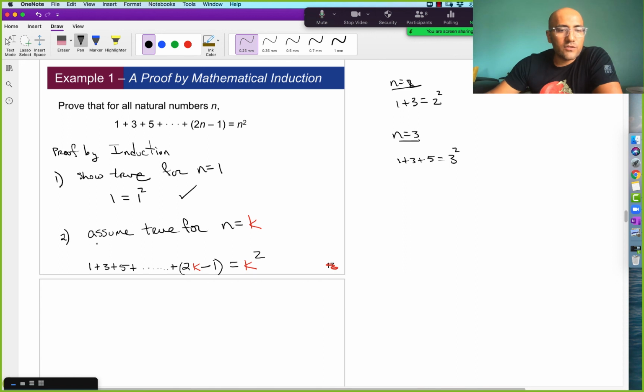Good. So this is just assumed. There's nothing to prove. I like writing it down because it's nice to see it visually.